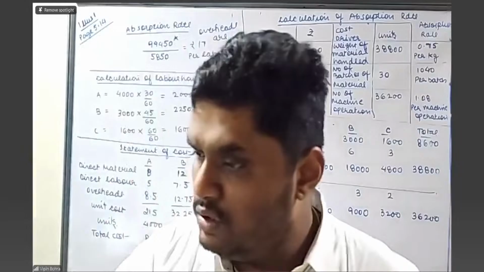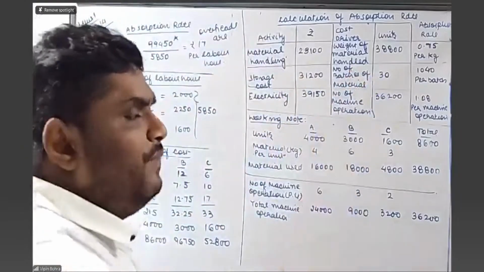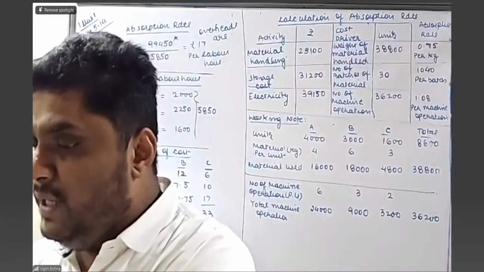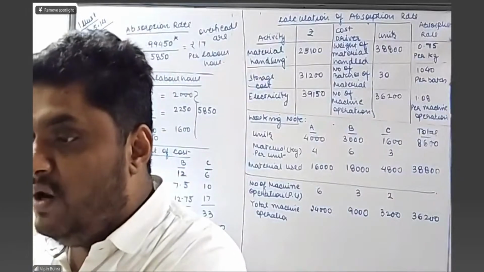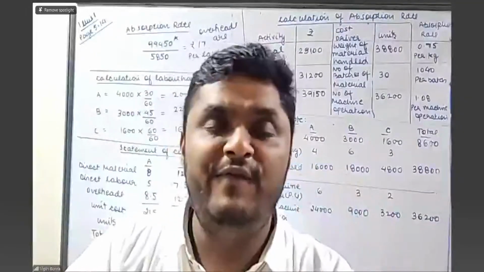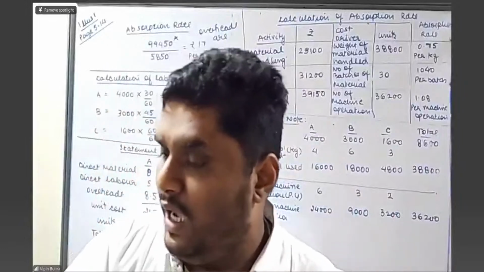Sir, storage cost, how 30 once again? Which 30? So see, the number of batches of material are given straight away in the question. Please check, Meenu. See the number of batches of material for complete production: 10, 5, and 15. So 10 plus 5 plus 15, you will get 30. I hope it is clear.